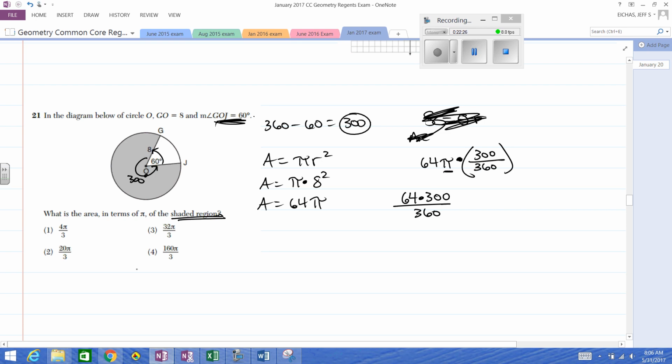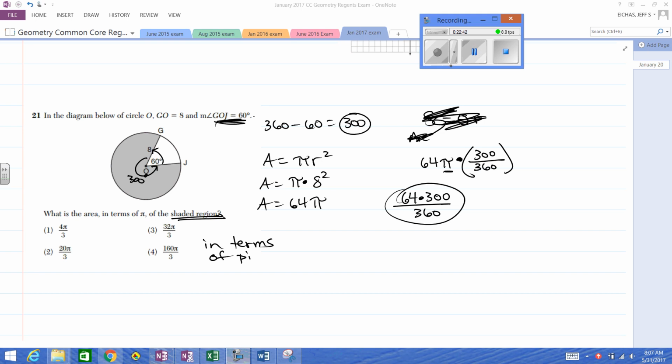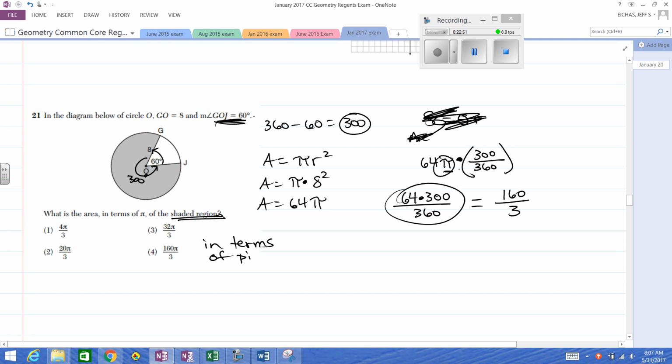Leave the pi because all your answers are in terms of pi. The Inspire calculator will reduce this fraction for us, which makes this a lot easier. So go ahead and type that in. Let the Inspire simplify the fraction for you, and you get 160 over 3. Don't forget we have pi in there as well. So 160 pi over 3 is what we want.